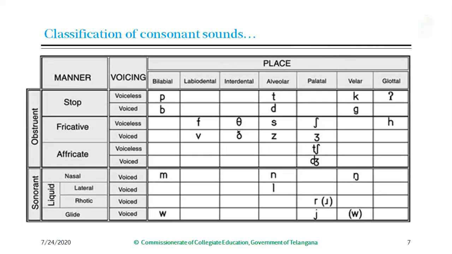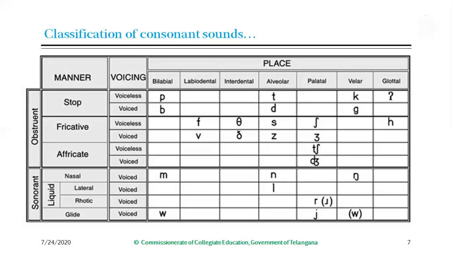For example, ba, da, ga, va, za, ja, ra. These are all voiced sounds.